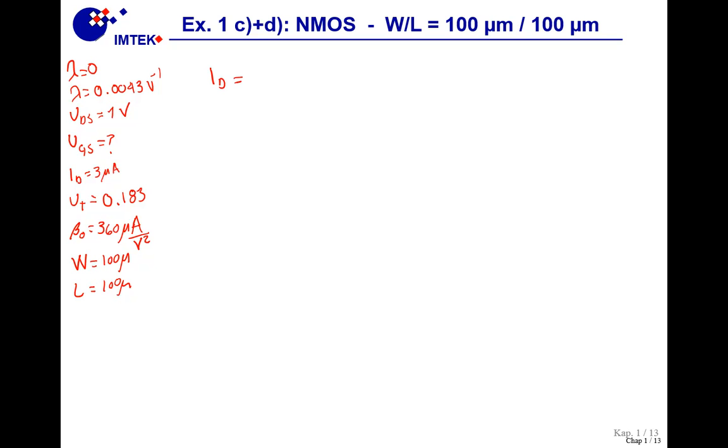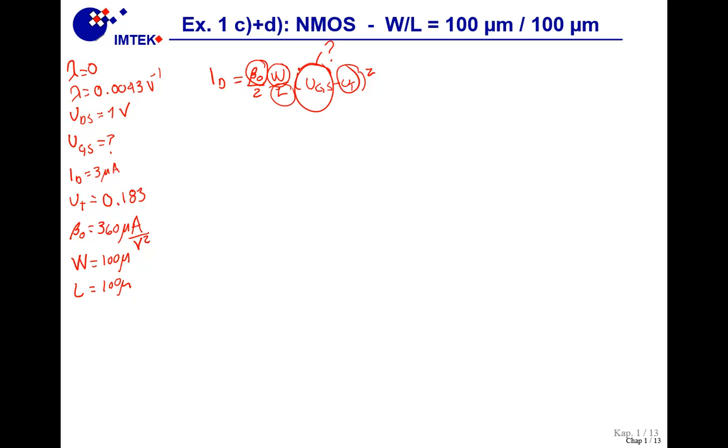Formula again is ID equal to beta sub 0. This is intended to work in the saturation region, I think. Okay, so we have beta, we have W, we have L, we have UT. I'm sorry, we are looking for UGS, so this is the question.